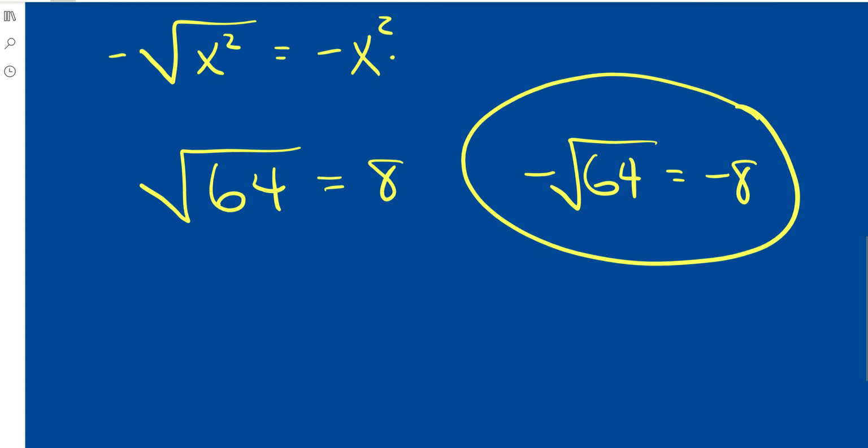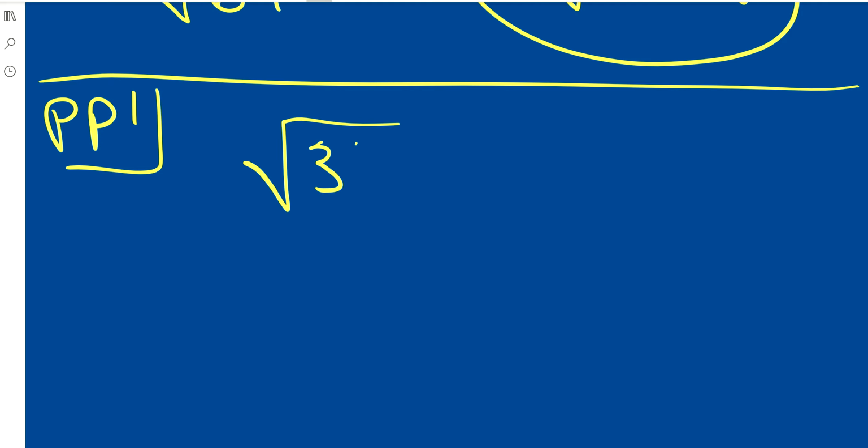Practice problem 1: give the two square roots of 36. One answer is the positive square root of 36, which is just 6.